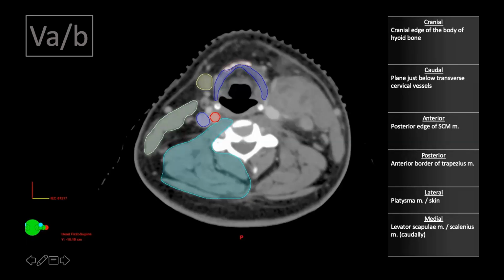Level 4A and 4B in head and neck, is it the same as SCF in breast? If you don't have a demarcation of 4A and 4B as such in breast, you call it supraclavicular. As per the RTOG guideline, they start at the caudal border of the cricoid cartilage, and your level 4A also starts at the caudal border of the cricoid cartilage. So yeah, from a delineation point of view, border point of view, they are at the same levels.